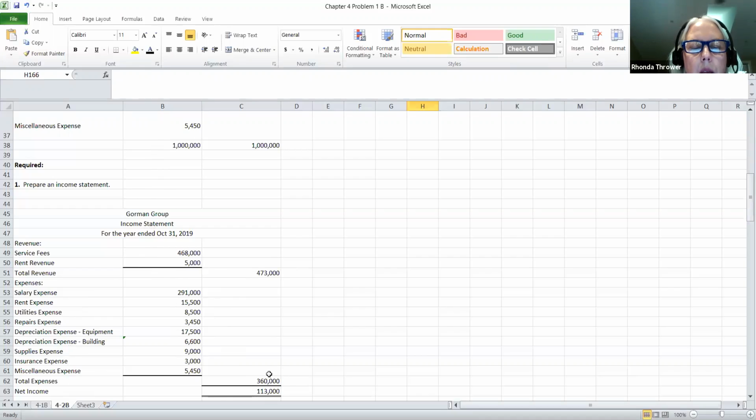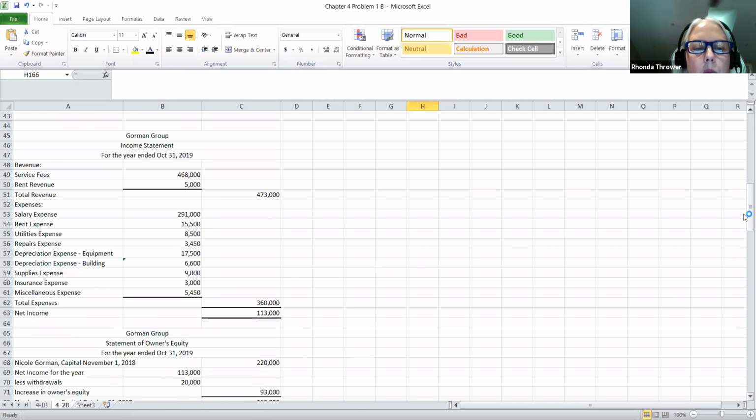On the income statement, you're going to compare your expenses with your revenues. If your revenues are larger than your expenses in total, that will give you net income. And this is the case here. Remember, net income is useful to us because it shows that our owner's equity is increasing. Net income will add to our owner's equity.